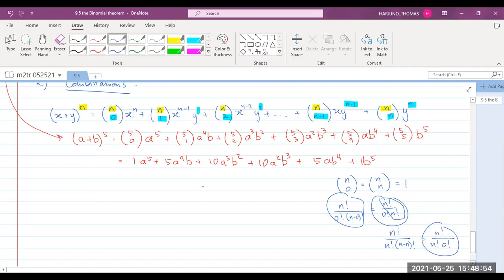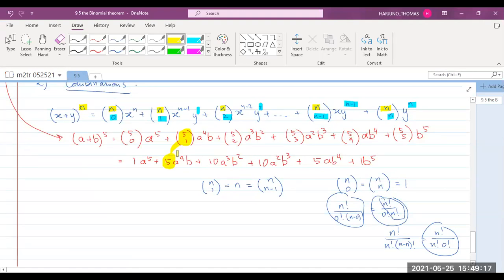Also, n combination 1 is equal to n. By symmetry, this is the same as n combination n minus 1. See, the number you have here, that's the second from the first term, right?